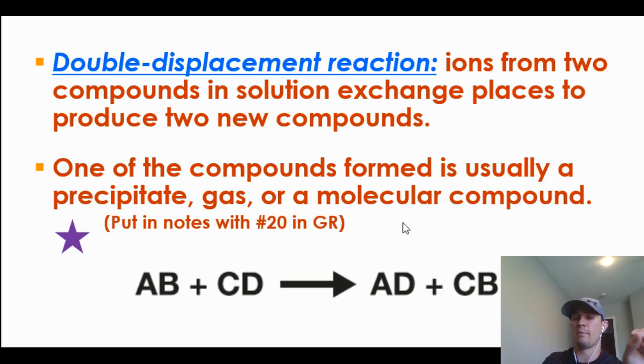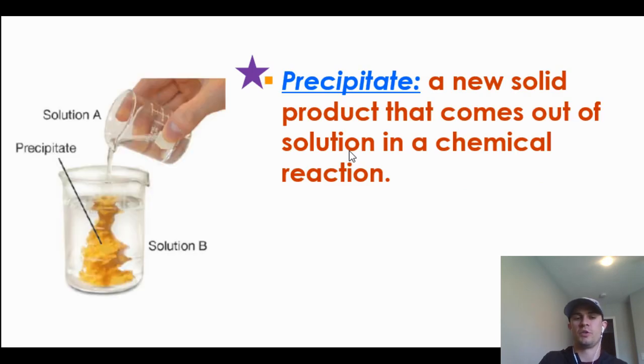We do a whole lab where we take solutions, so compounds that are dissolved in water, and we mix them together and see which ones form precipitates, that cloudy substance that can form in a chemical reaction. This is a picture of a precipitate, and a precipitate is a new solid product that comes out of a solution in a chemical reaction.